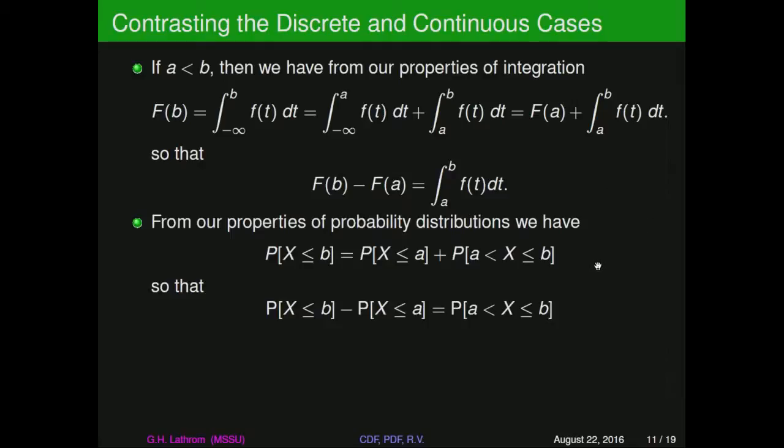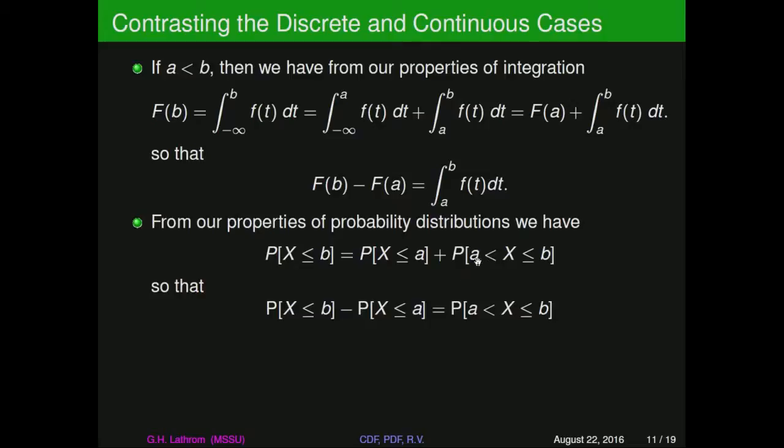Now, from our axioms of probability, we can plug in those values. What is this first one? Well, it's the probability that capital X, our random variable, is less than or equal to b. This term is the probability that capital X is less than or equal to a, plus, now what happens when we separate those two intervals?